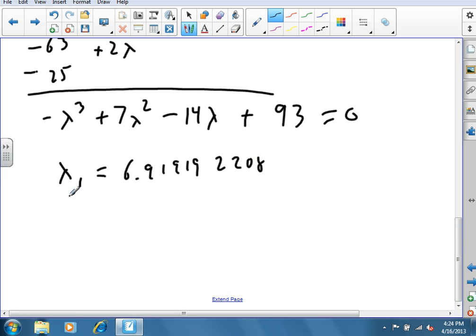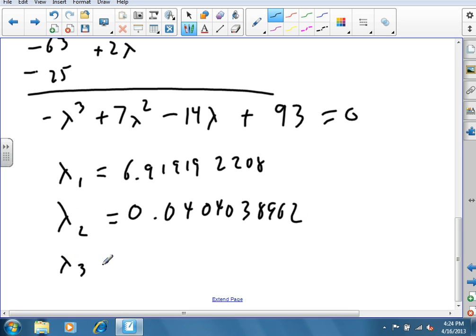And lambda 2 is 0.0404038962. And lambda 3 is the same, 0.0404388962.